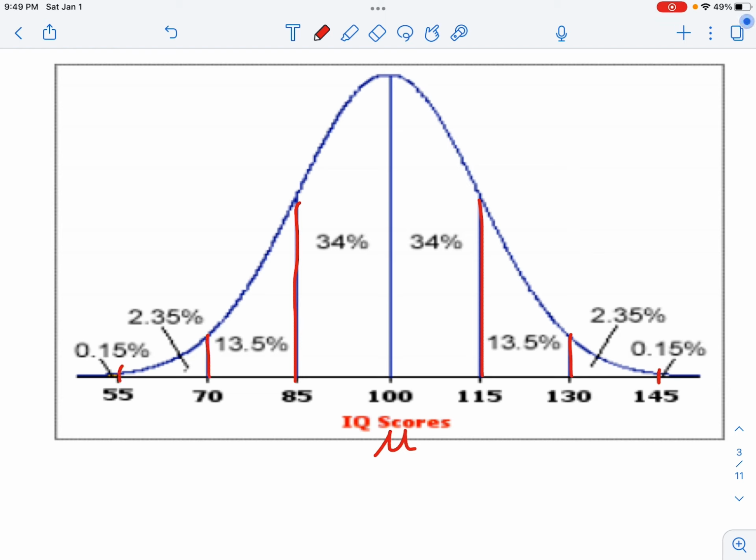So basically, if mu is 100 and sigma is 15, well, then we're going to add 15, which gives us 115 right here. Then we're going to add 15 again, which gives us 130. And then we're going to add 15 again, which gives us 145. And we're going to do the same thing backwards. We're going to subtract 15, subtract 15, subtract 15. So these are the 3 levels, right and left of the mean. And these are basically the 3 standard deviation levels. All right?